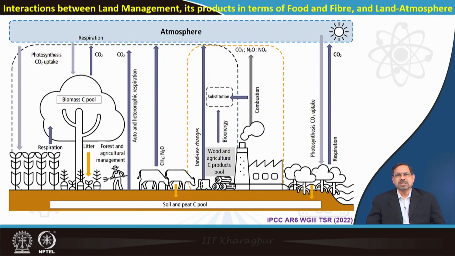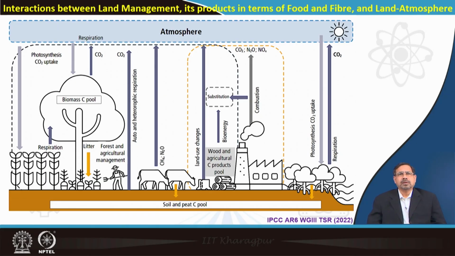Through this process, as I just mentioned, the plants sequester carbon dioxide, and this carbon dioxide sequestered by the plants contributes towards various activities, including respiration. Respiration is just the opposite process. It releases carbon dioxide from the plant material or animal material back to the atmosphere.